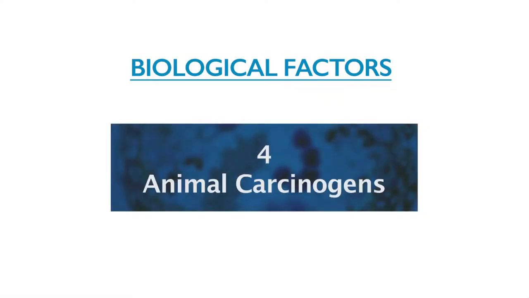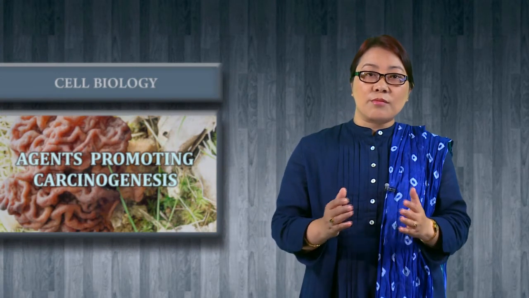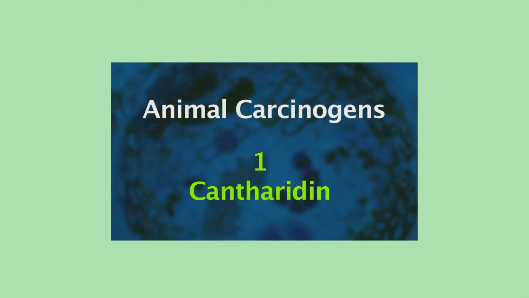Next are the animal carcinogens. Many compounds produced by animals are also carcinogenic. Let us now take up some important animal carcinogens. The first one is cantharidin.